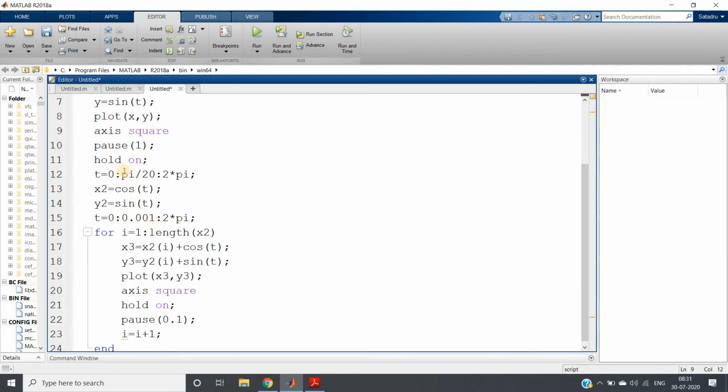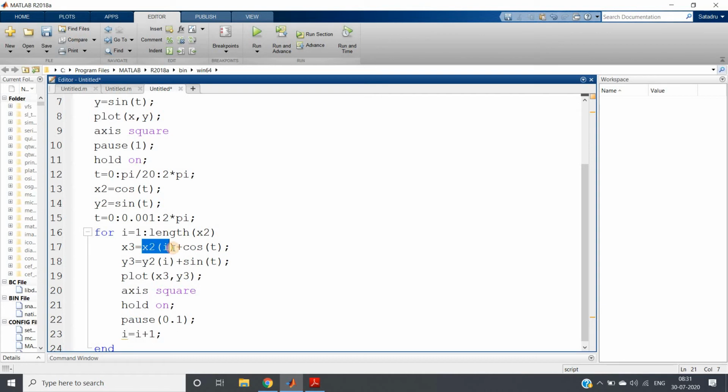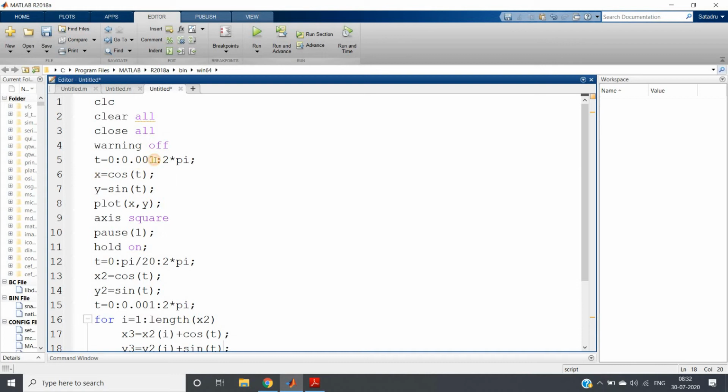Then I divide t, 2 pi by 20, and again plot cos t, sin t. Then I use this for loop, taking each point present on my circle, and there also I plot one circle of the same radius. Here also radius 1 we have taken.